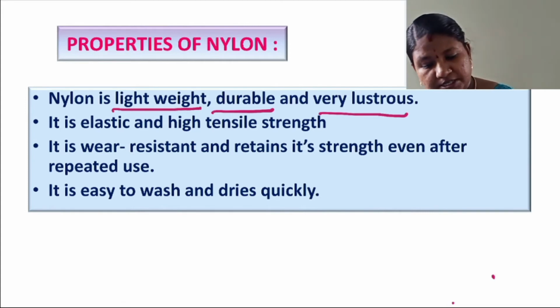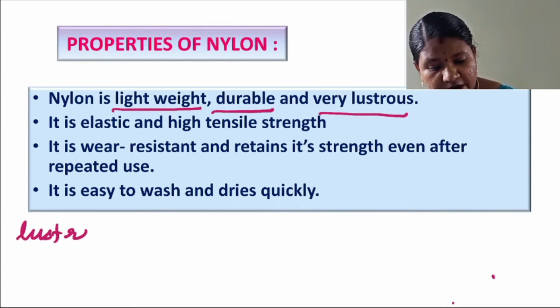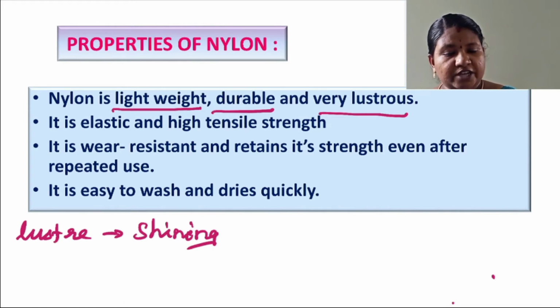What is lustrous? Lustre means shine, that shining nature. Even when you look at the rope which is used for drying clothes at home, you can see that shining property, isn't it? It will have that lustre.